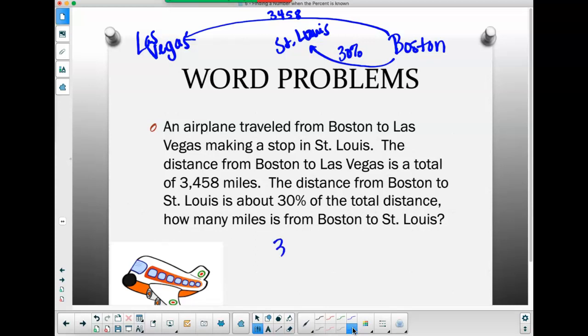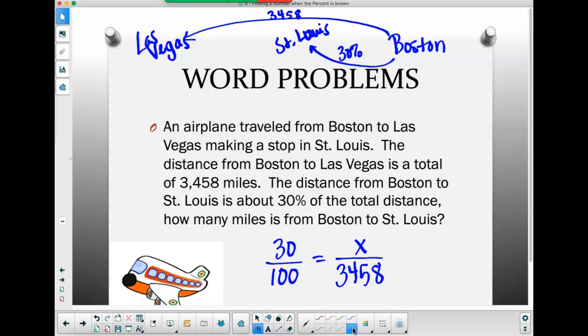Absolutely, it's 30 out of 100. Okay, 30 of 100. The 3,458, is that part of the miles or is that the total miles? Krista, that's the total miles. So 3,458 has to go on the bottom.